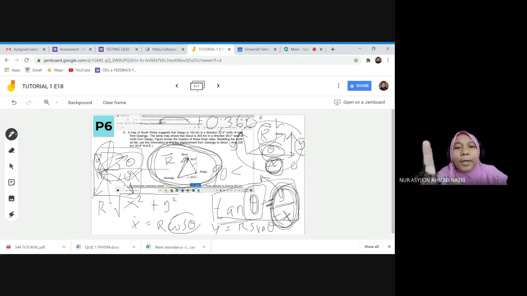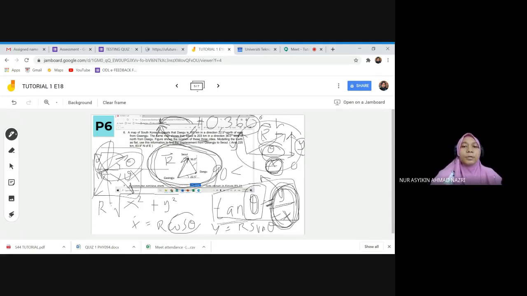So negative angle occurs when you start your motion from the 360, clockwise. Okay, inverse clockwise, you will get positive angle. If you use your direction clockwise, you will get negative angle.